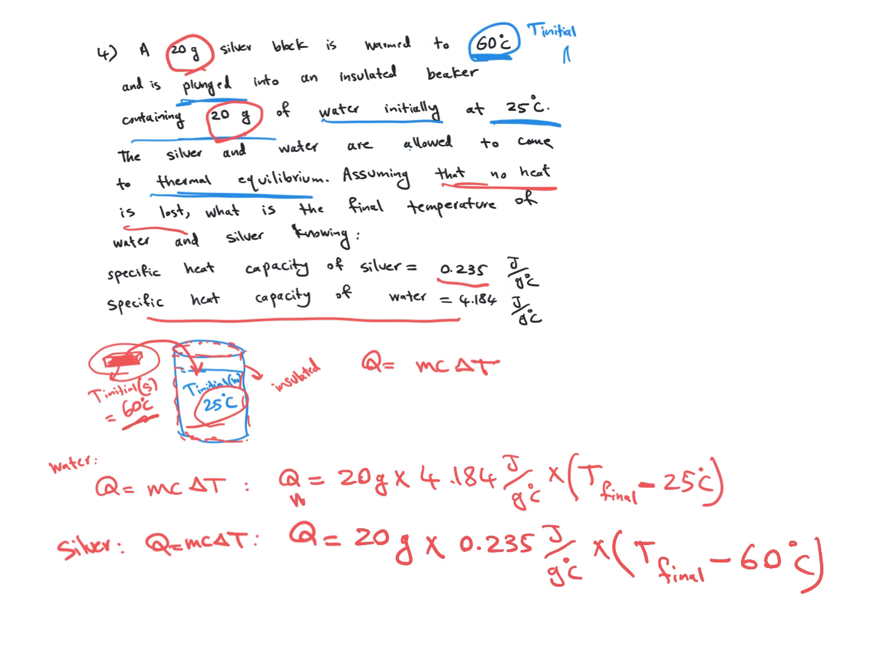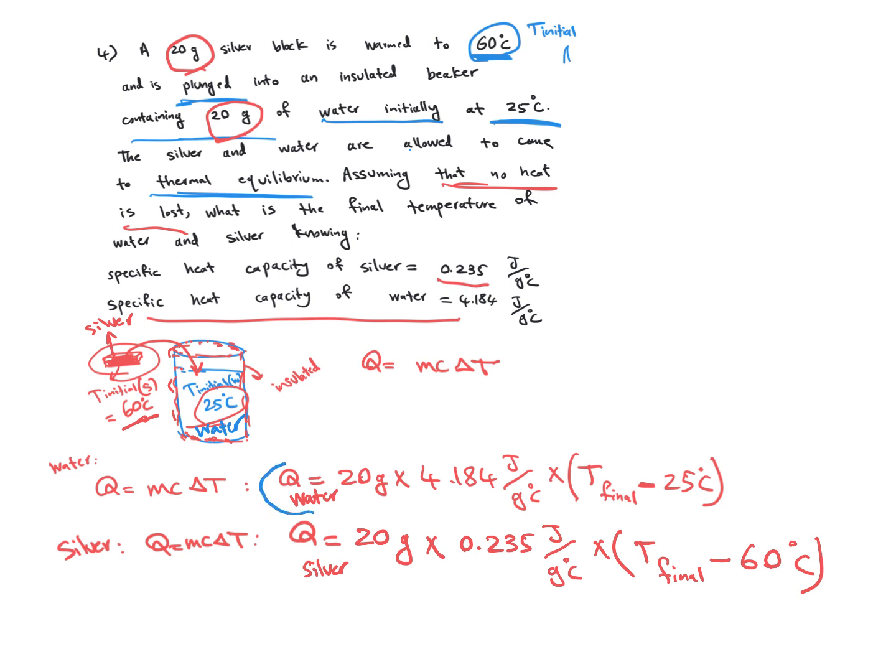So here I write Q of water, here I write Q of silver. If I consider my system here, the beaker, right, and I put something hot, a silver block, in water, and I write water with blue. The heat that the silver block gives to the system goes to the water, right? I say that again. So the thermal energy of silver goes to the body of water because this is the only system that we're considering and the system is insulated.